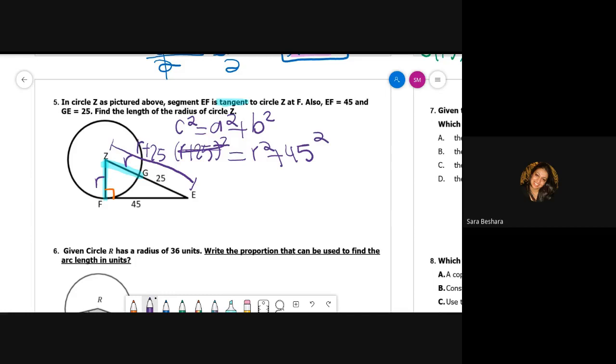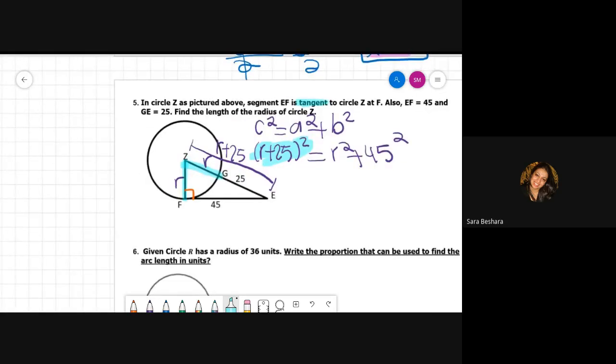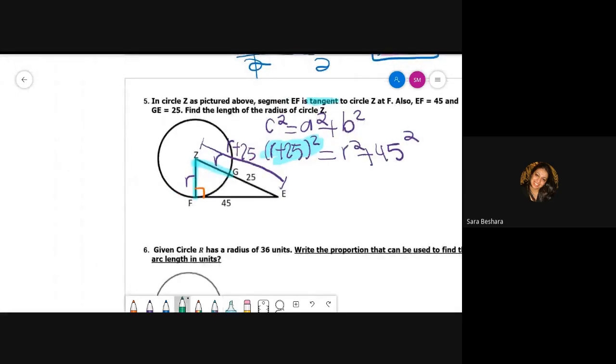Now, some of you will come across this right here and say, oh, Miss, how do we do this? Let me show you right down the side. How do we factor r plus 25 squared? Well, you create a square or a rectangle. r plus 25 squared is r plus 25 times r plus 25.